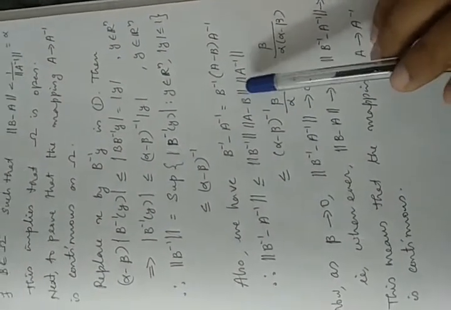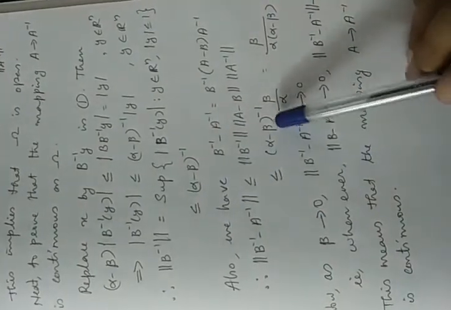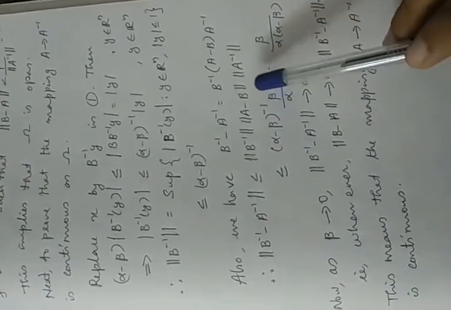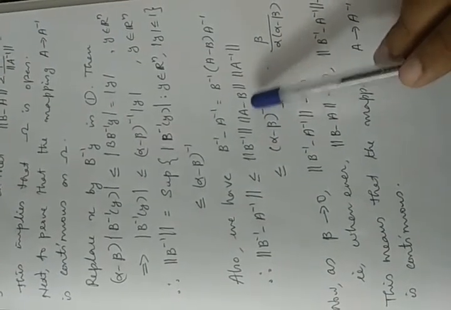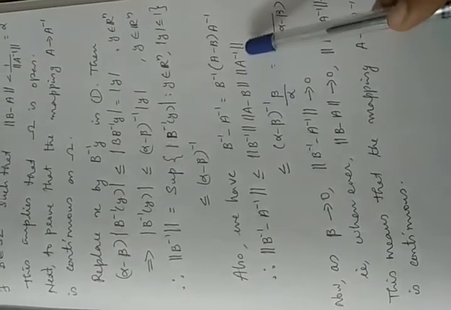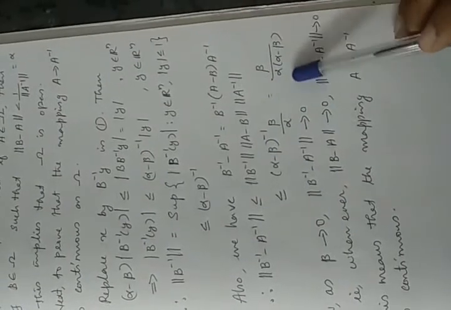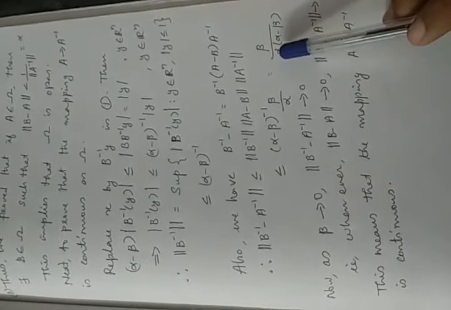And norm of B inverse is less than or equal to alpha minus beta the whole raised to minus 1. Norm of A minus B, that is equal to norm of B minus A, is our beta, and norm of A inverse is 1 by alpha. So, substituting, we get this RHS is equal to beta by alpha into alpha minus beta. Now, as beta tends to 0, what happens?